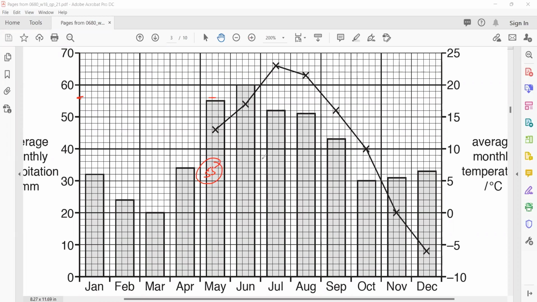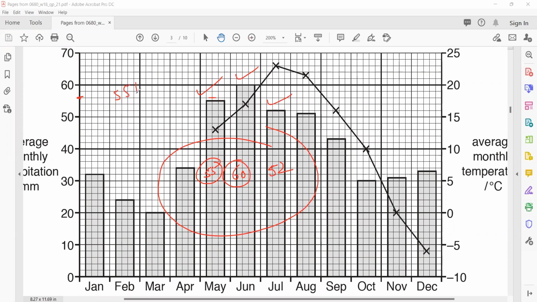June, 60. And then July, 52. So you have to find that these are the three wettest months. If you add all of them, it will be the total in these three.